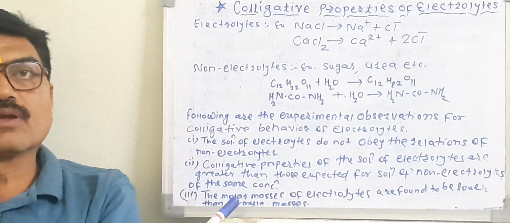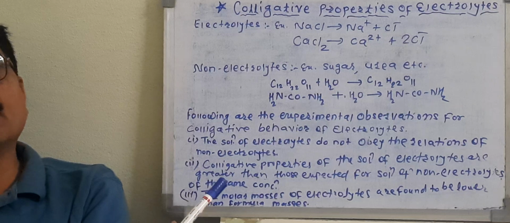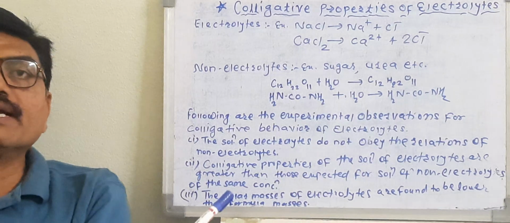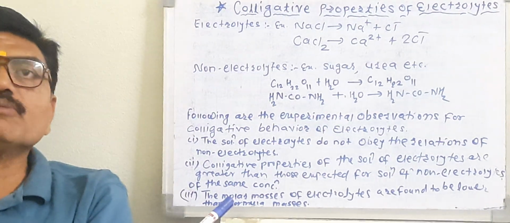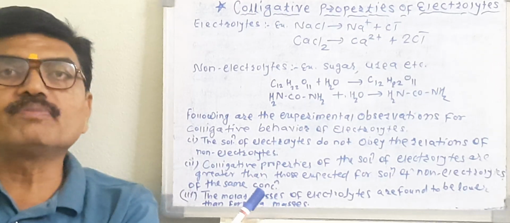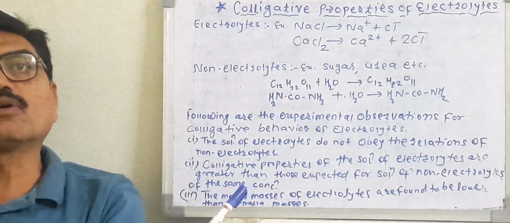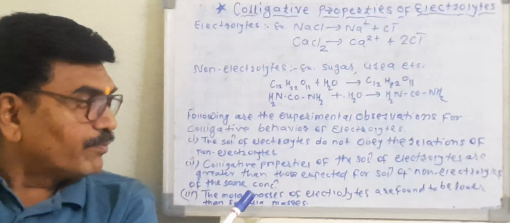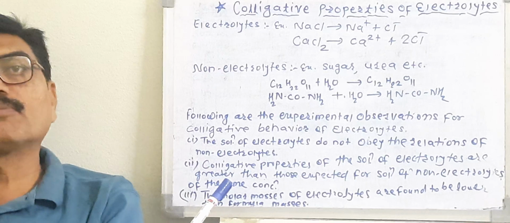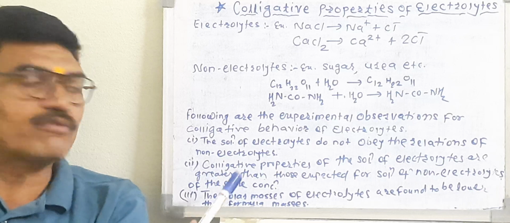Why are the colligative properties of electrolytes greater? Take two solutions having the same concentration, one of an electrolyte and one of a non-electrolyte in water. Even then, the colligative properties of the electrolyte are found to be higher.